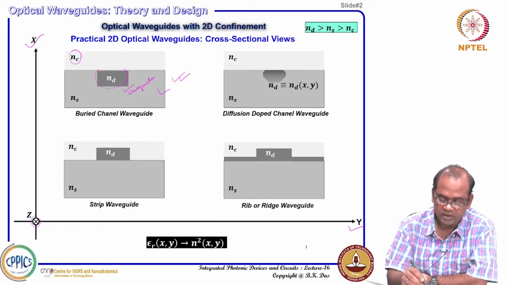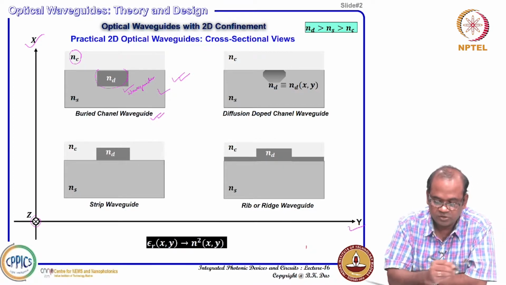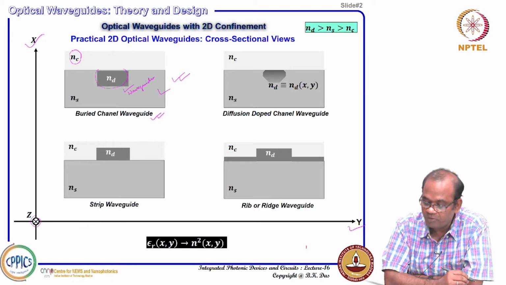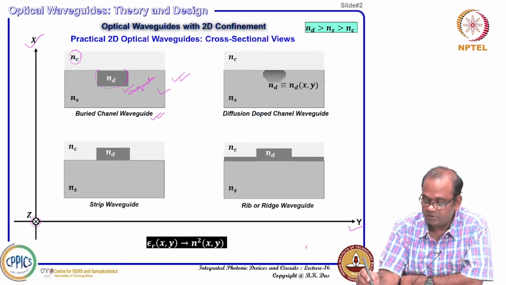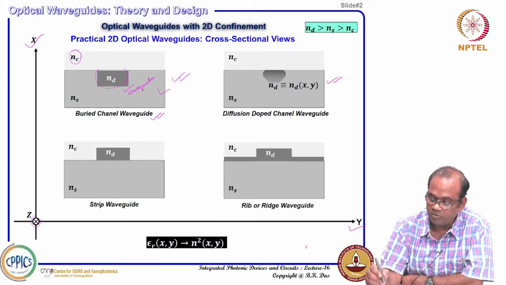But this type of waveguide is called a buried channel waveguide. That means the core region is buried into the substrate, that is why we call it a buried channel waveguide.